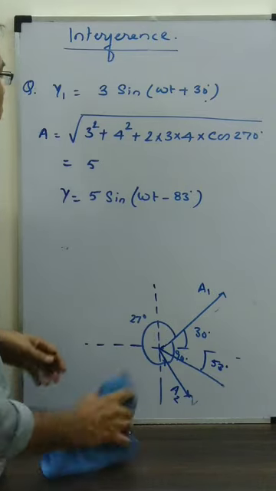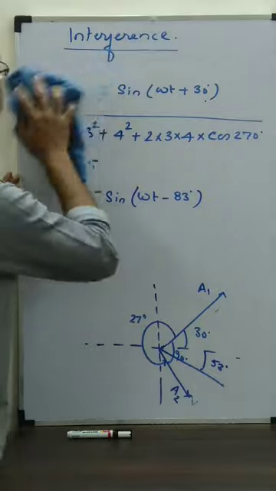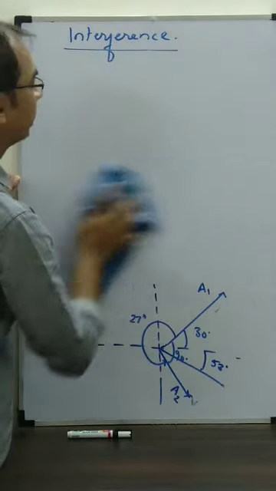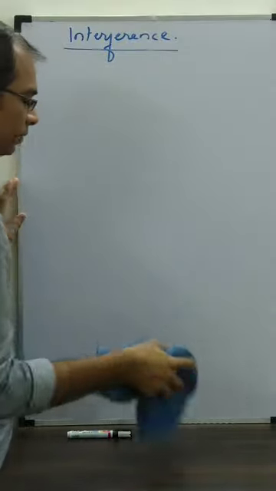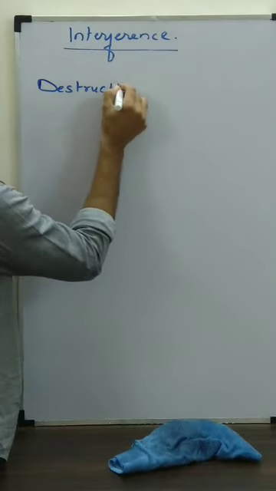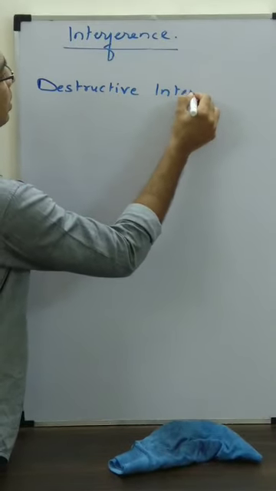So this way we will be adding the simple harmonic motions. Now let's come back to the interference. In interference, we have to add simple harmonic motions due to two waves, and we also know that interference is of two types: destructive interference and constructive interference.